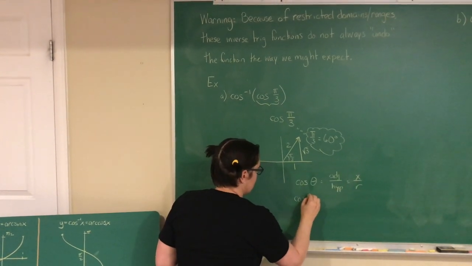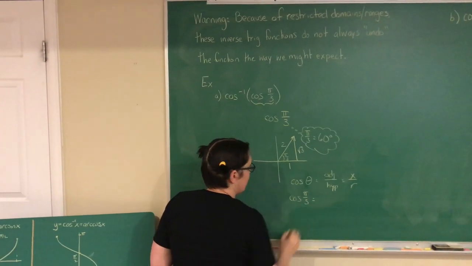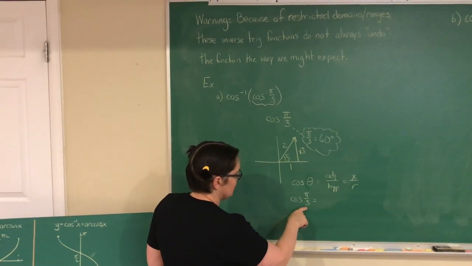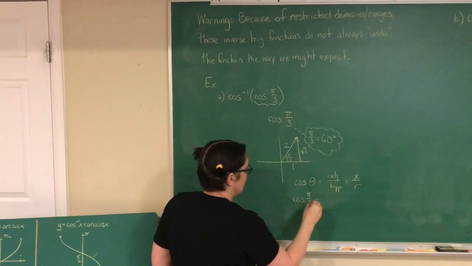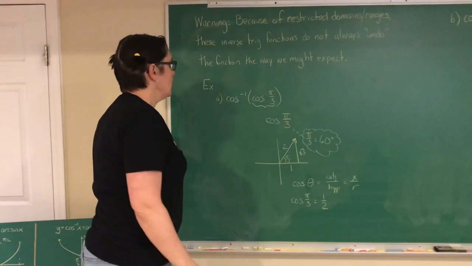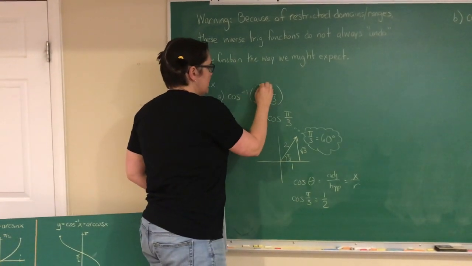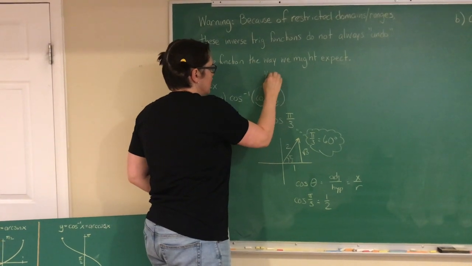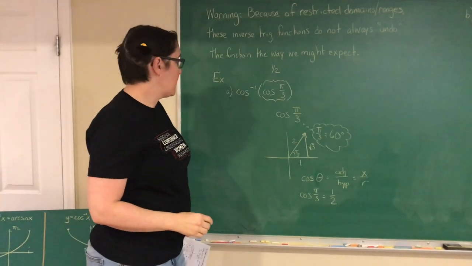So for us, cosine of pi over 3, cosine of 60, is 1 over 2. Okay, cool. So this thing inside the parentheses is equal to 1/2.